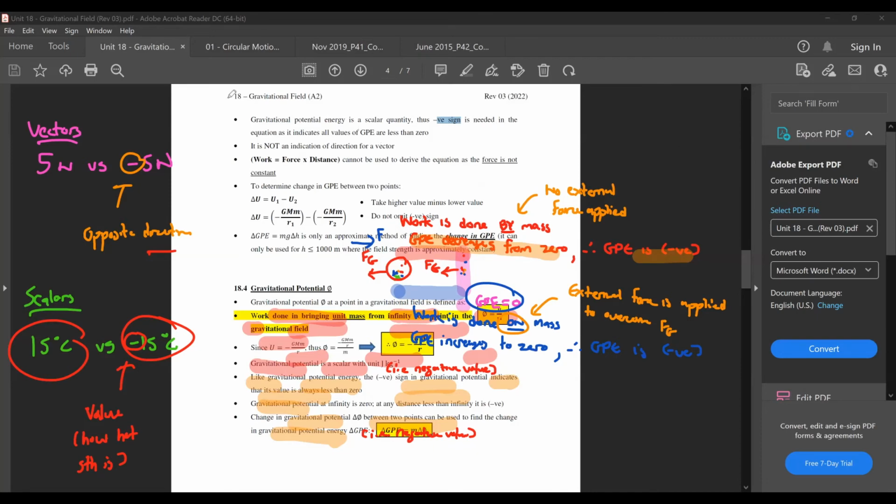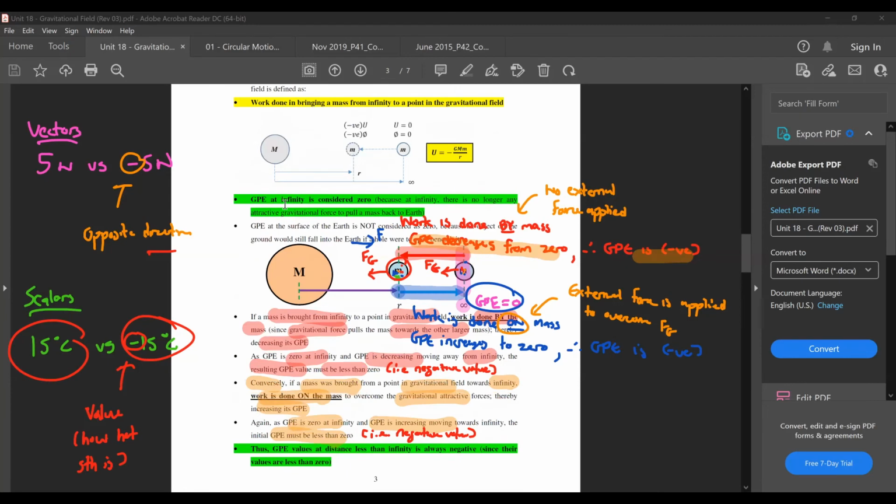Just now it was mentioned to you that the GPE value at a point is actually the work done to bring a test mass from infinity to this point, right? So sometimes people will say, okay, if that's the case, GPE is actually equal to work done.